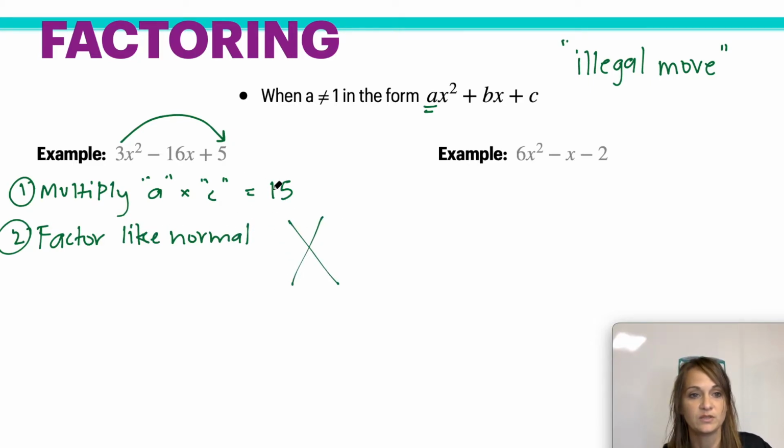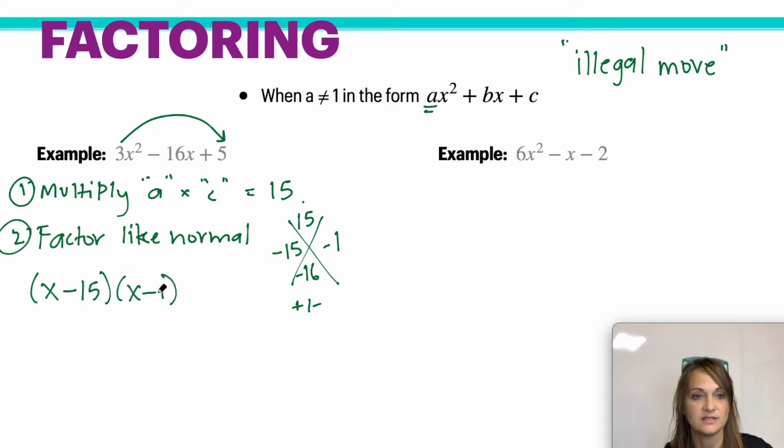So what multiplies to give you 15, adds or subtracts to give you negative 16? And the answer would be negative 15 and negative 1. And so you would get x minus 15 and x minus 1, because when you add them, you get negative 16. When you multiply, you get a positive 15. The third step is to undo the first step. The first step, we multiplied the first number times the last.